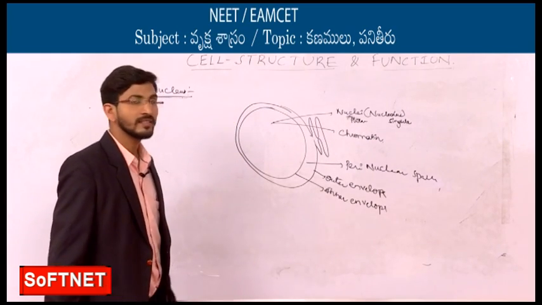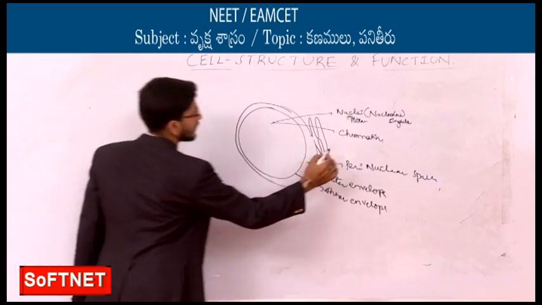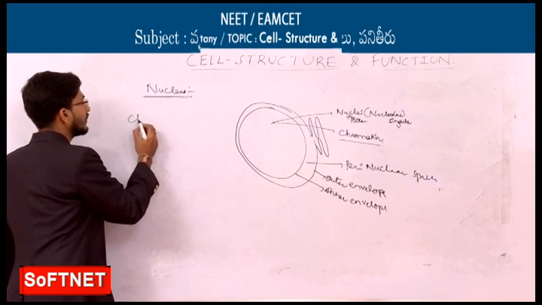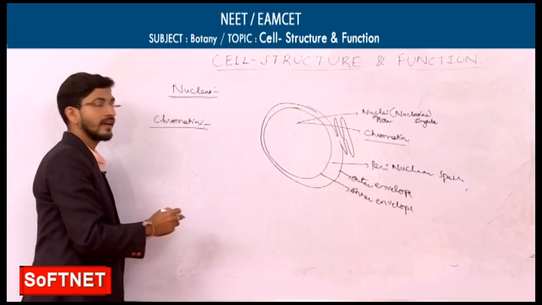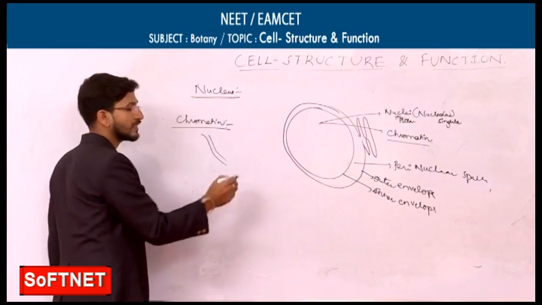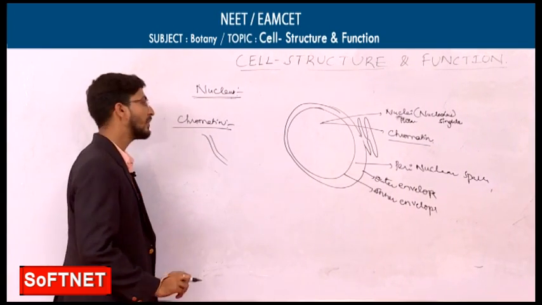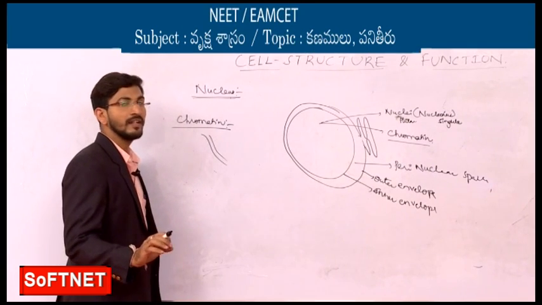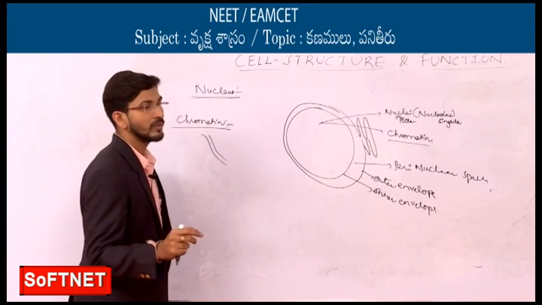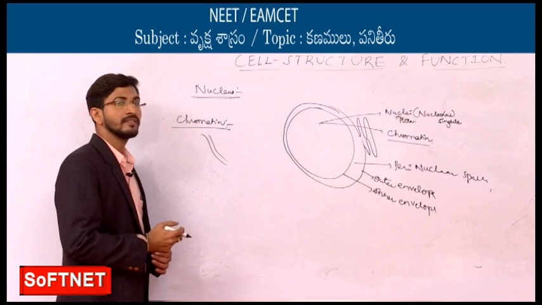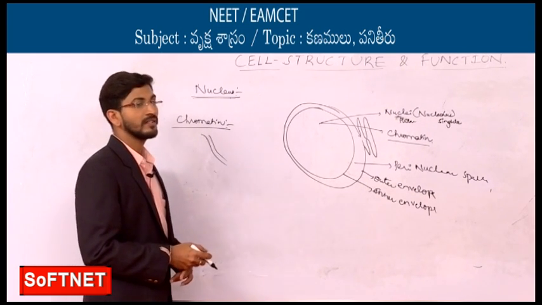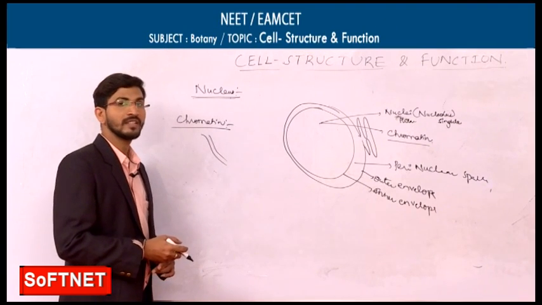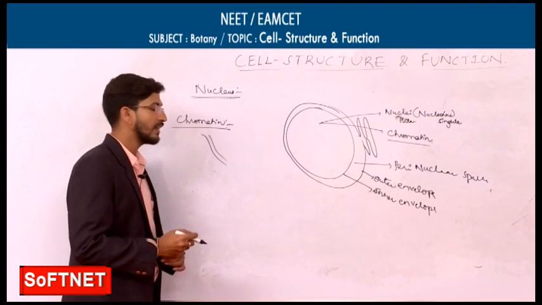Now we will discuss the chromatin structure. So what is chromatin? They are highly condensed thread-like structures present in the nucleus. During some stages of cell division, the chromatin becomes highly condensed. These chromatins produce the chromosomes in living organisms.